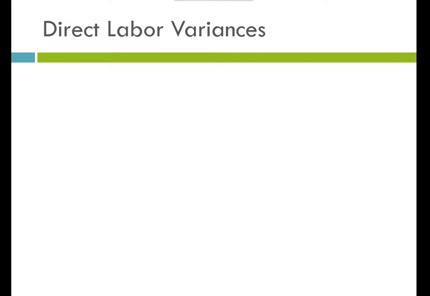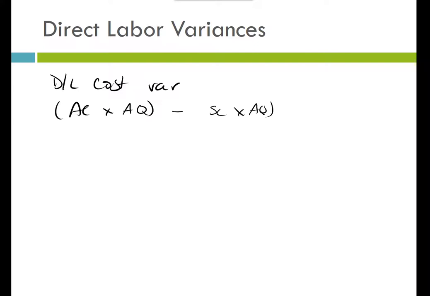All right, labor variances. Direct labor cost variance. And again, the cost variance will be the actual cost times the actual quantity minus standard cost times actual quantity. Or we can rewrite that, the actual cost minus the standard cost times the actual quantity.